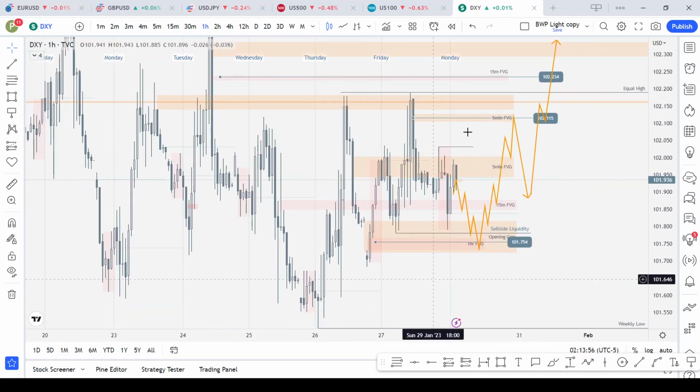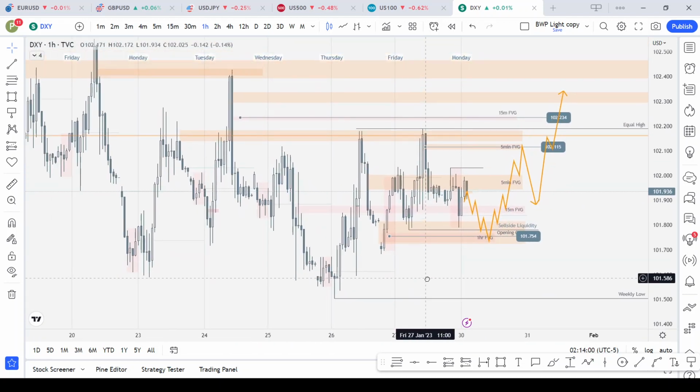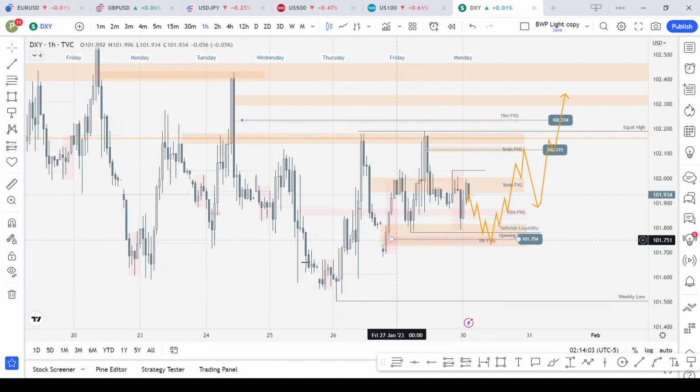I'm trying to see if I can frame a possible SMT divergence between EU and GU based on this analysis. Okay, we want EU to take out its low. If DXY fails to rally above, that has to be Tuesday's high or Tuesday's low. This is Tuesday's low.